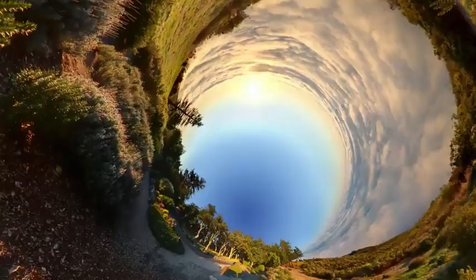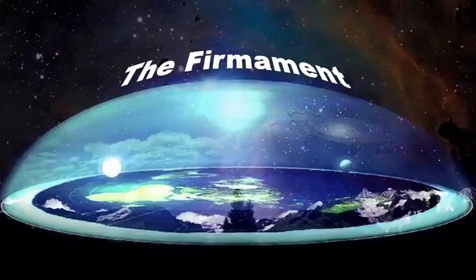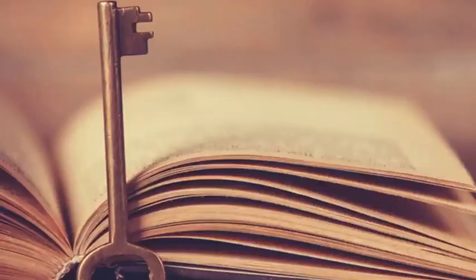The rabbit hole goes a lot deeper than you realize. It's hard to imagine a bigger secret than flat Earth itself, the firmament, the giant trees and quarried land. But there is one.